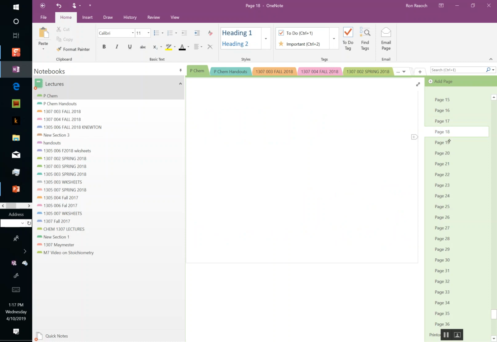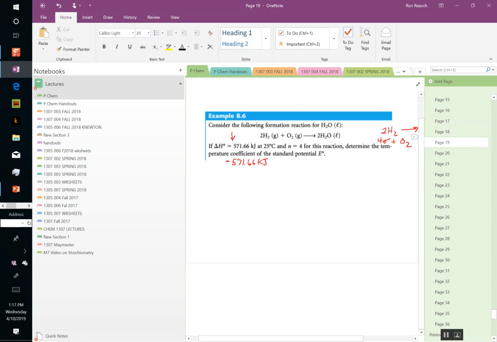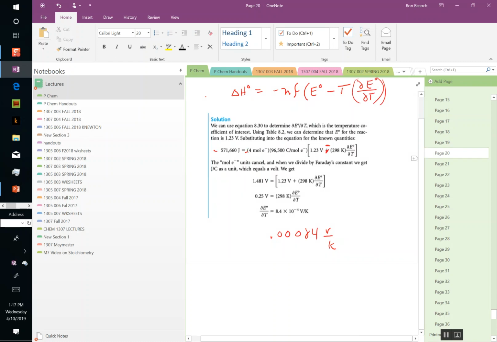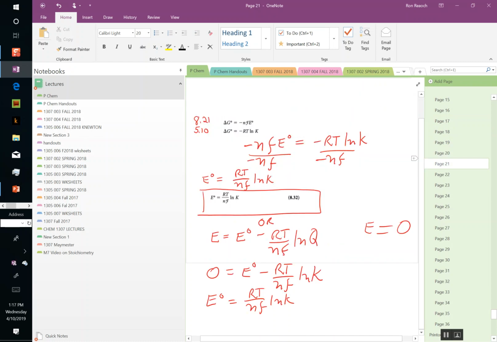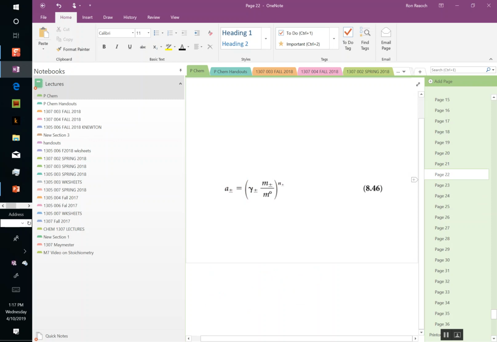I'm going to just motor through these, and if I see some writing on there, I'm going to assume we covered that slide already. Yeah, this is kind of just the topic of one or two of the first problems on the review sheet.